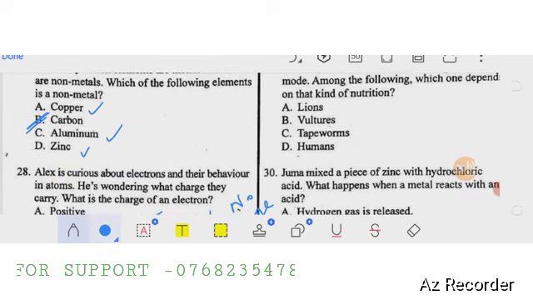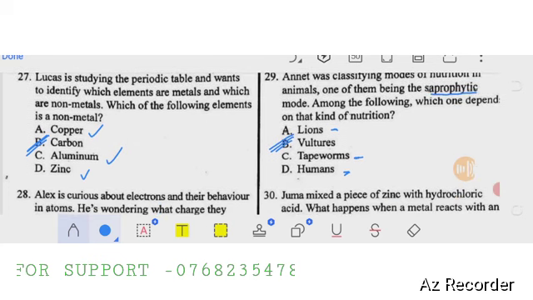A lion has a holozoic mode of nutrition because it feeds on complex substances. A tapeworm is an internal parasite, so it's parasitic. Human beings are just like animals and depend on the holozoic mode of nutrition. So the answer that makes sense is vultures, because vultures always feed on dead matter.